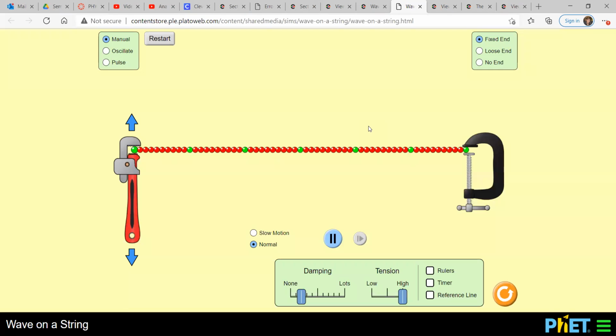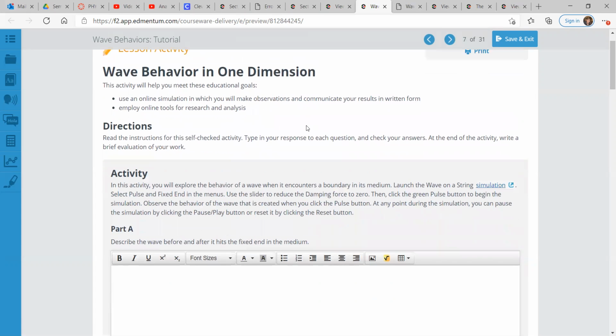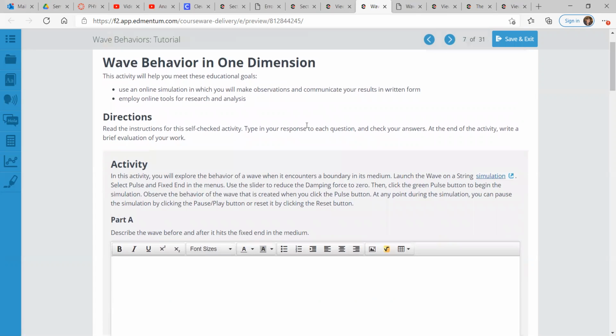Select pulse and fixed end. I'll hide these controls. Use the slider to reduce damping force to 0, then click the green pulse button to begin the simulation.